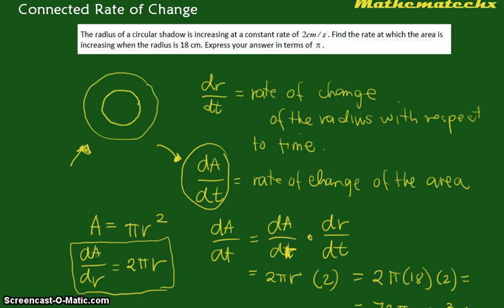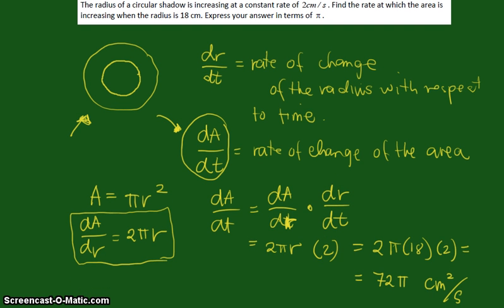Use the rule, so dA over dr is 2 pi r, and dr over dt has a value equal to 2. Then just put the numbers, simplify, and you will get the rate of change of the area with respect to time at the time when the radius is equal to 18. Okay, so that's it.